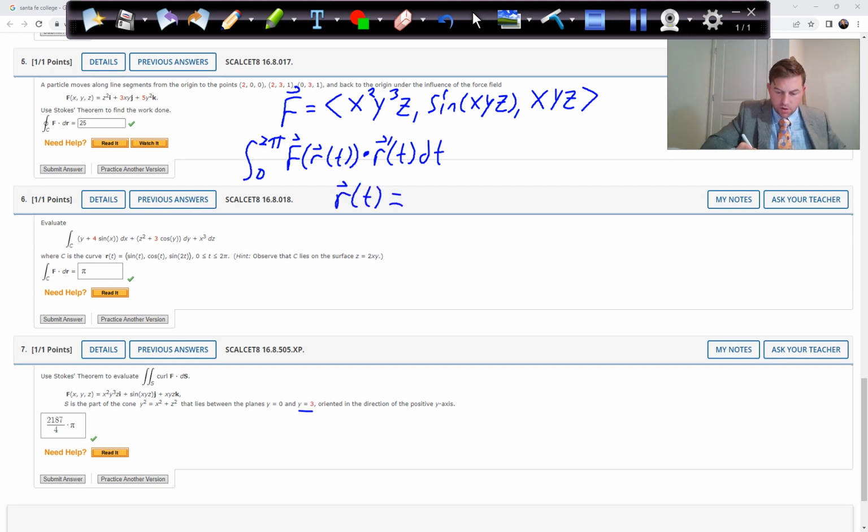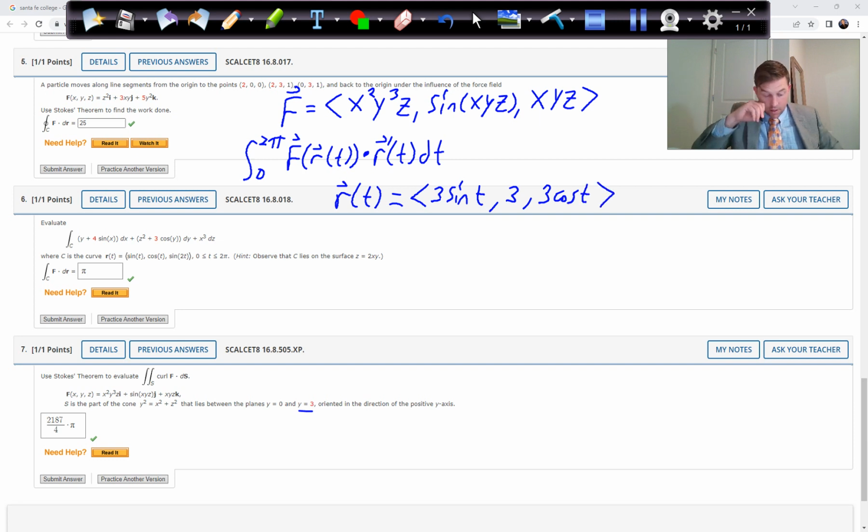So we're going to come up with our r as radius 3 times cosine of t, and actually we're going to use sine for this one. And then the y component is just 3. And then the z component is going to be 3 cosine t.